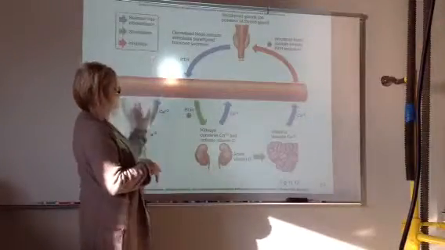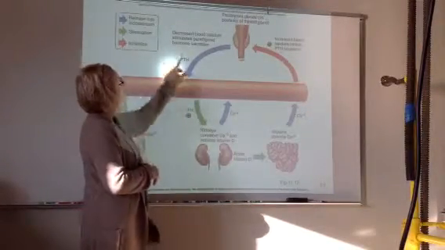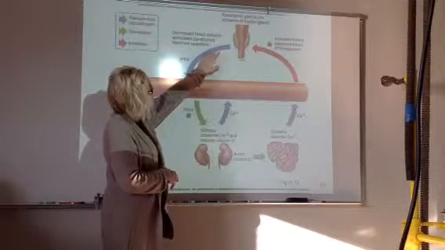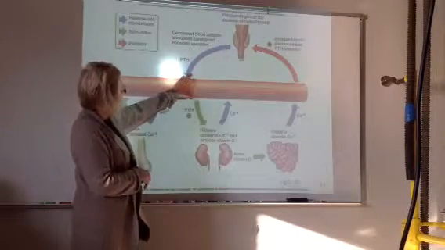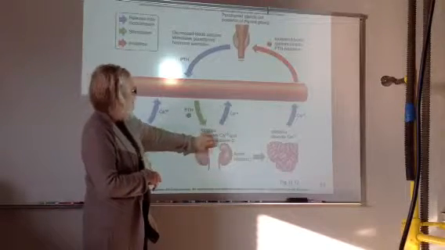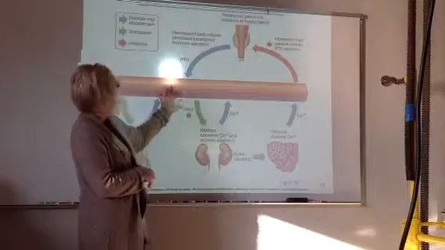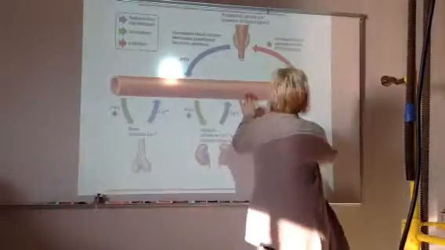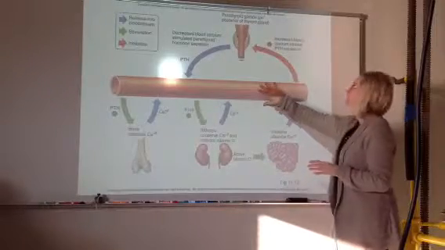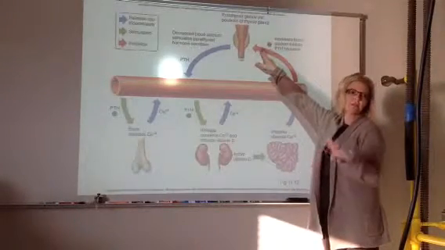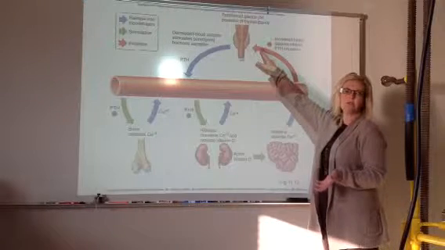So here's an example of the negative feedback. Decreased blood calcium, so here comes the PTH. It's going to cause kidneys to conserve calcium. Calcium is going to go back into the bloodstream. And then once I've increased my calcium, it's going to slow down that release of PTH.